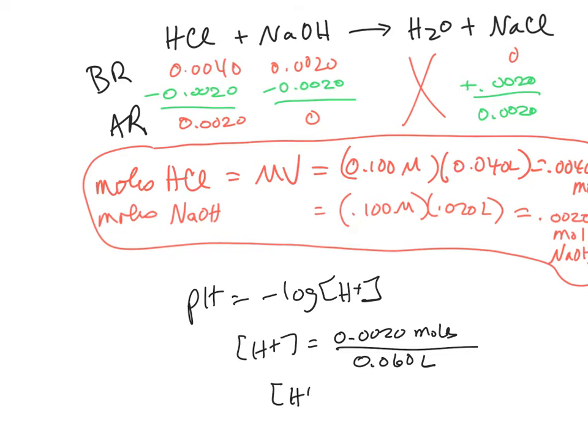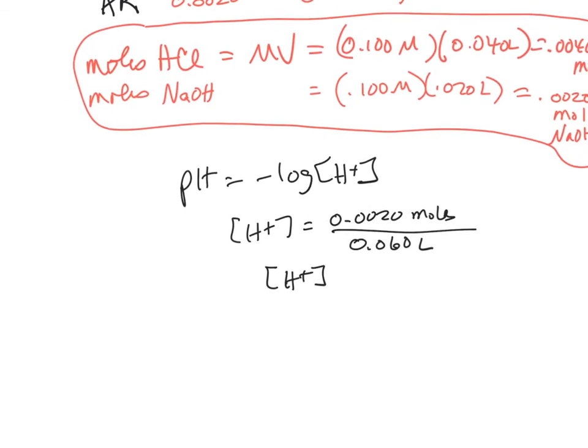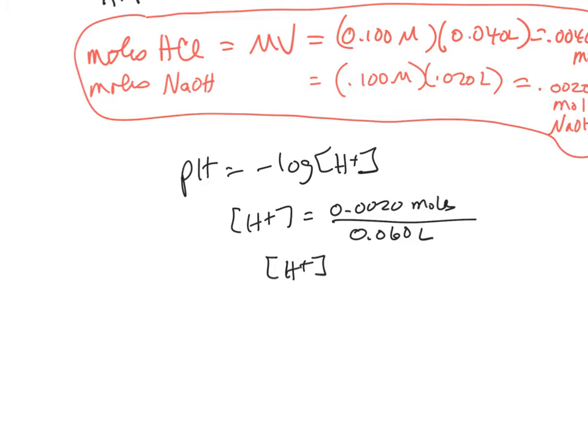So the H+ concentration will be, let's see, I don't have it written down, so I will calculate it. 0.002 divided by 0.06. So this is 0.033 molar.